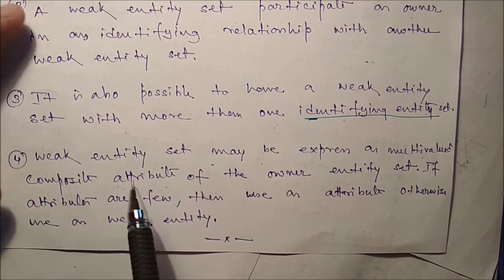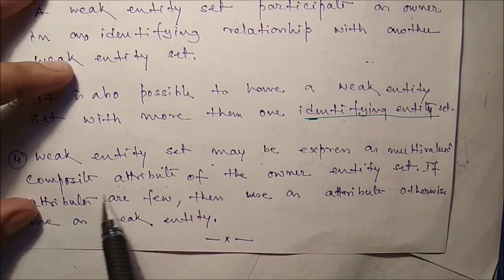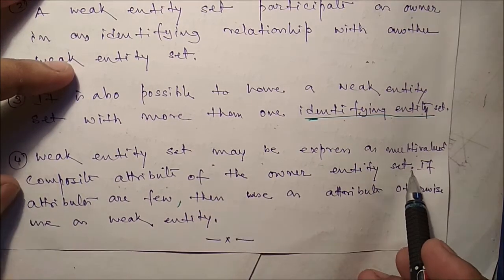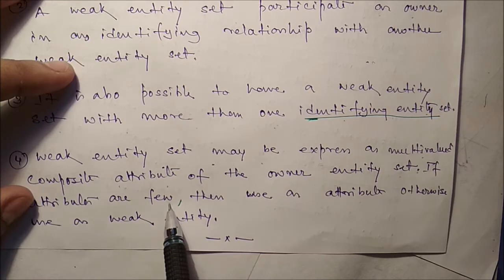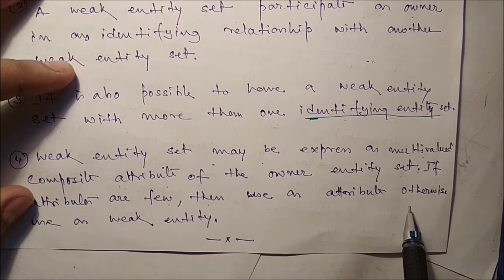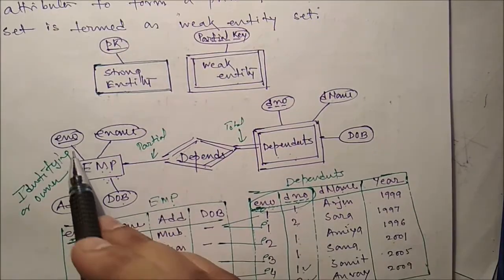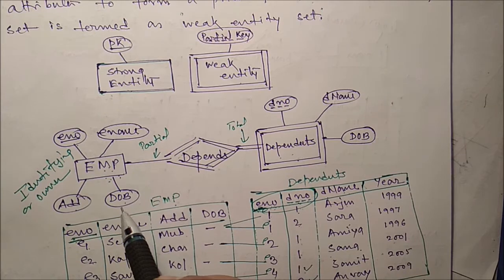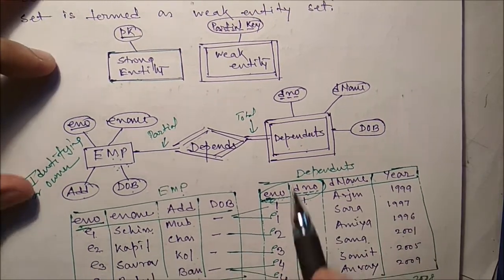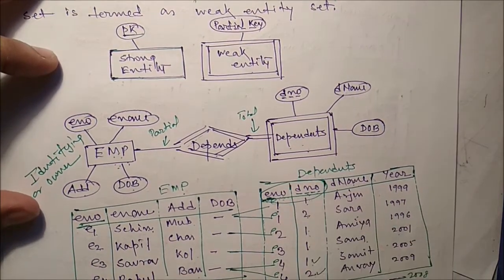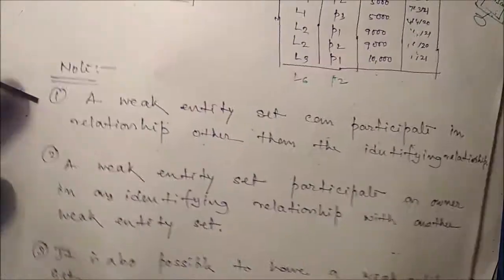Now finally, a weak entity set may be expressed as a multivalued composite attribute of the owner entity set. If attributes are few, then use it as an attribute rather than use a weak entity set. Now for example, we have seen here employee number, employee name, address and date of birth are there. So instead of defining the weak entity set dependent, here we can write it this way.